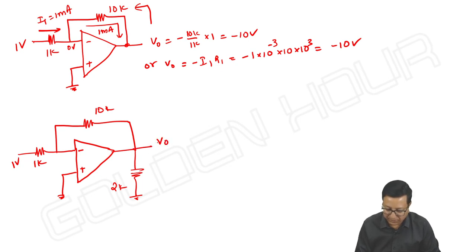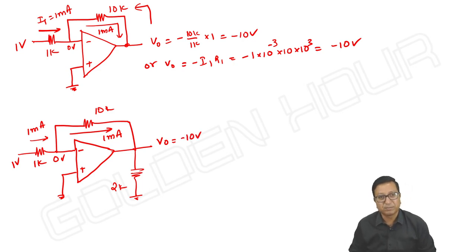Is there any change in the V output equation? No. This is virtual short, it is 0 volts. So the same 1 milliampere is flowing here. It does not change. And V output, the voltage across the feedback path, as I said previously, remains minus 10 only.